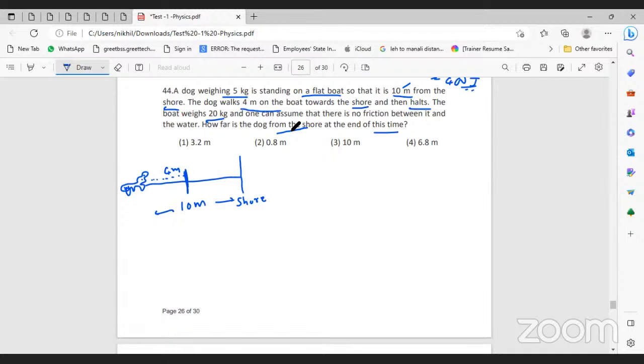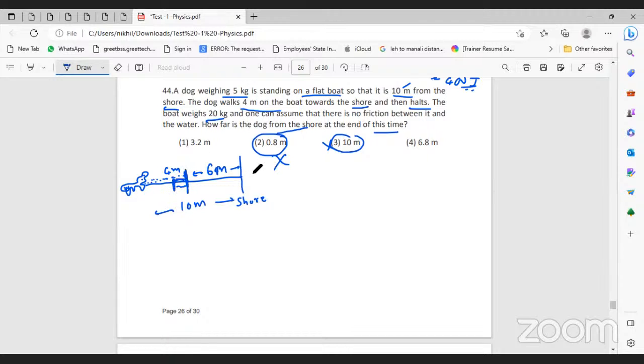Now, actually, we can guess this problem, students. When the dog has moved 4 meter towards the shore, definitely we cannot get 10 meter. And 0.8 meter is also not possible. Since the distance from the shore to the dog is exactly 6 meter, because of the center of mass, it may lie on this side a little bit. How much is it going to lie?